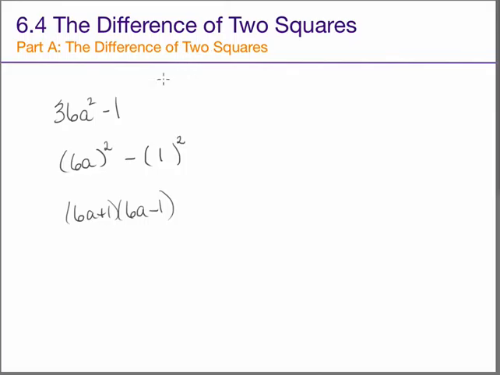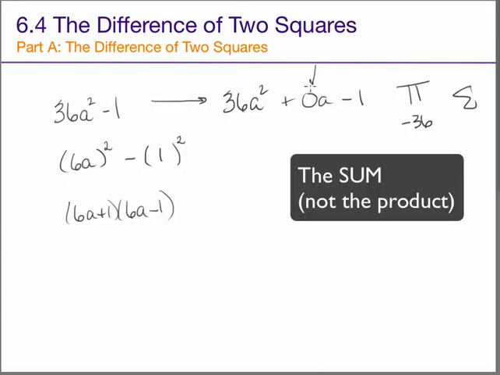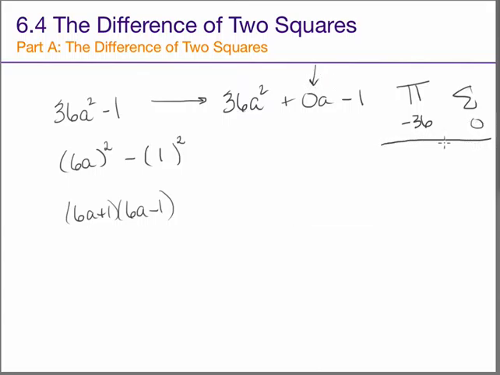If you're not ready for the shortcut, rewrite your problem with a 0 term. Find your product and your sum. Product is 36 times negative 1, negative 36. Sum is 0. Can you tell me, without making a huge long list, what two numbers multiply to negative 36 but add up to 0?